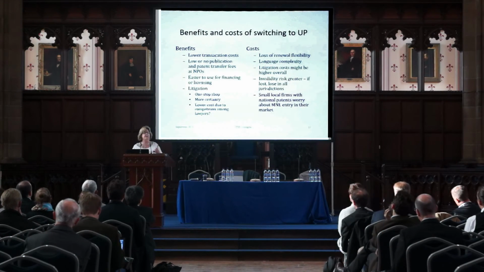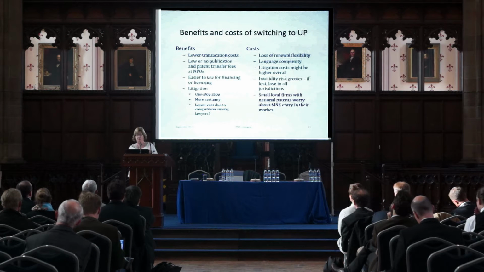When firms choose under the European Patent Convention to validate, they validate in UK, Germany, France. The next 3 are the Netherlands, Denmark, and then Sweden. Small local firms were concerned that this would essentially lead to threats from multinational firms who now found it easier to have patents in Sweden or in another economy.